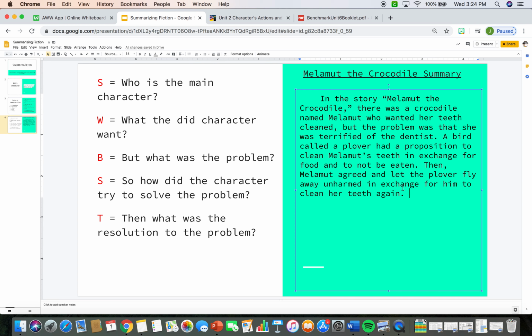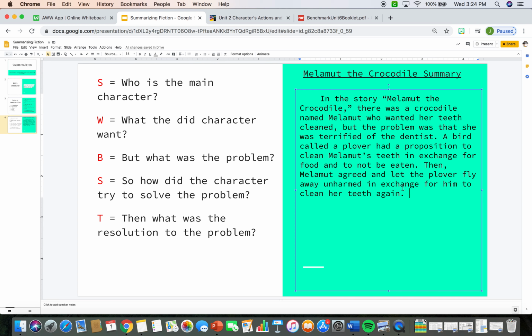Personally, if I was grading a summary paragraph, I've seen kids write pages and pages about a story they read, and a lot of the times, the more detailed, the better. However, for a summary, I want it to be very short, quick, and concise, meaning just tell me the gist of what the text was about.